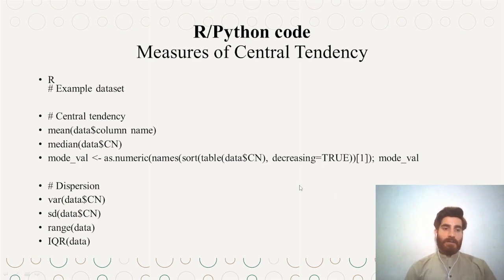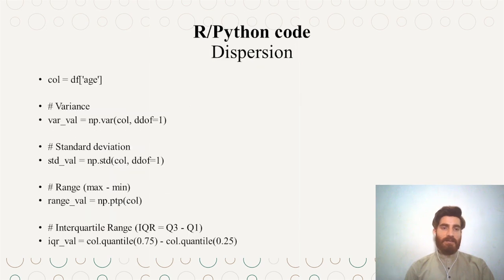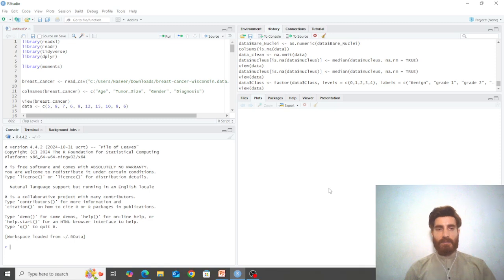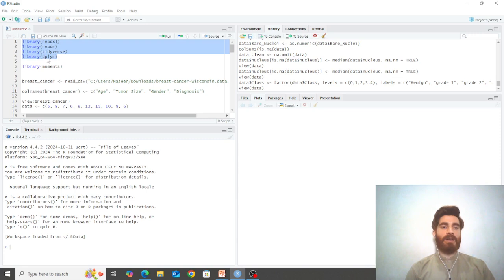Now we will be practically doing these things in R and Python. These are slides, but if you do it practically, it will be better. So this is R. We will be using a dataset. In R, first we have to load our library.